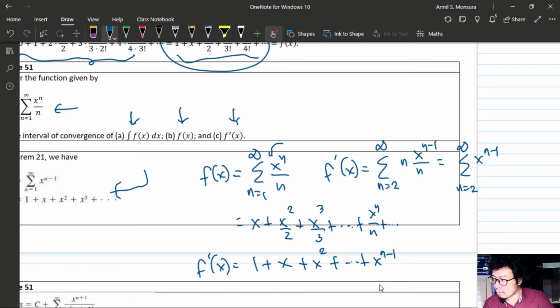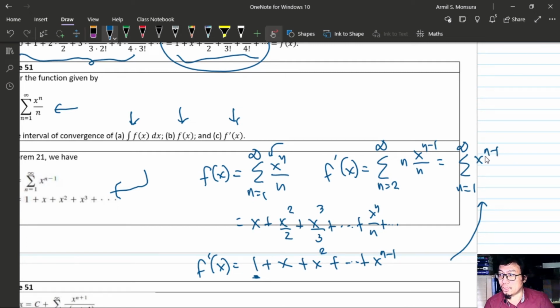If we also check it against this, since this starts with 1, it seems that we need not change this, because we have to consider that we have a constant 1 here. Therefore, that can be handled by setting n equals 1 so that you'll have x raised to 1 minus 1.